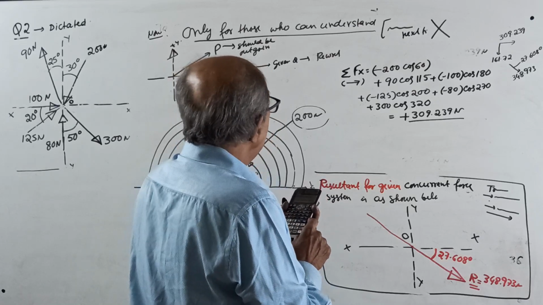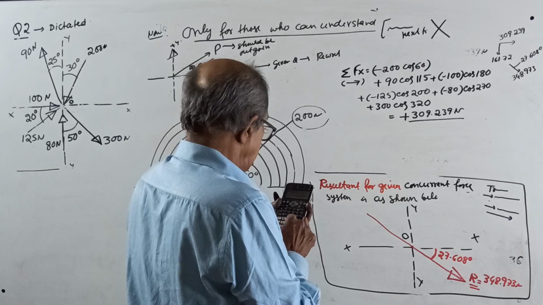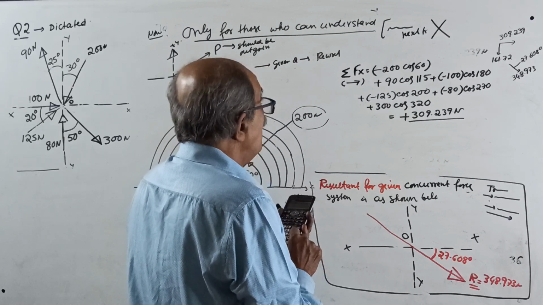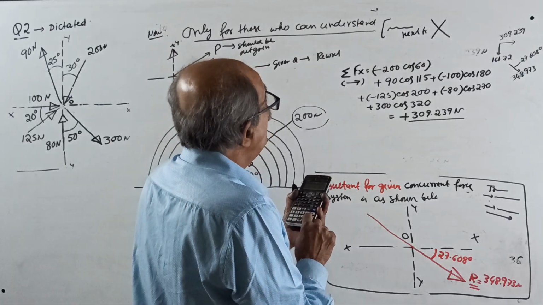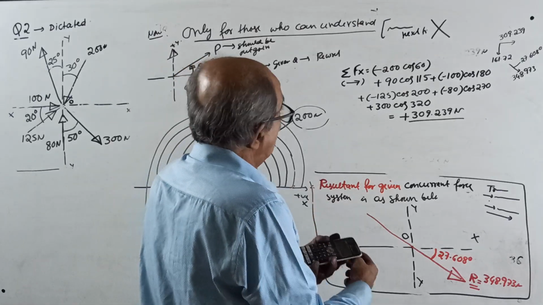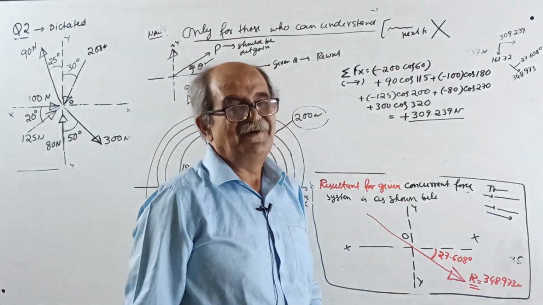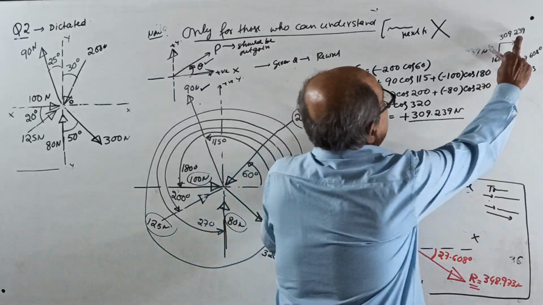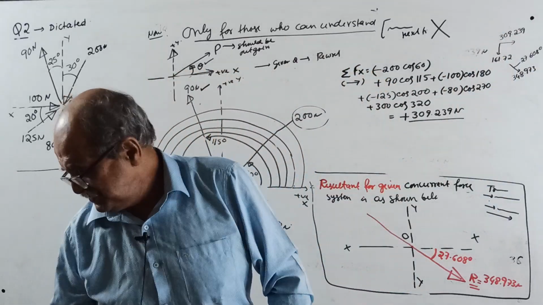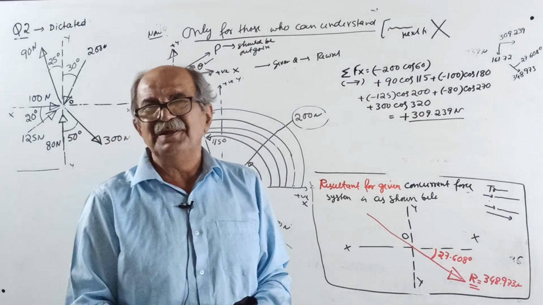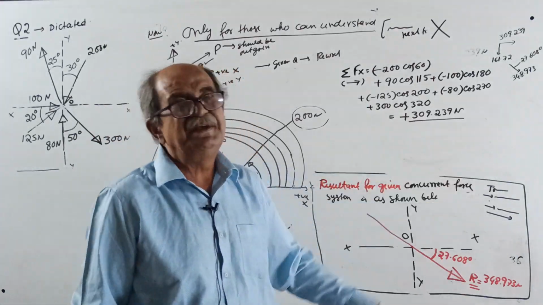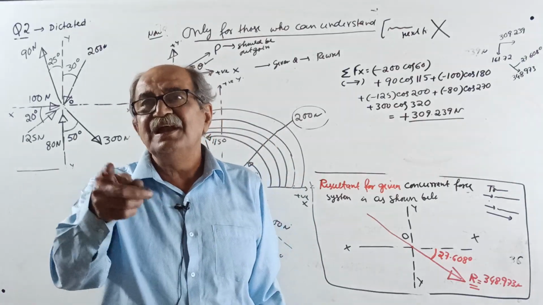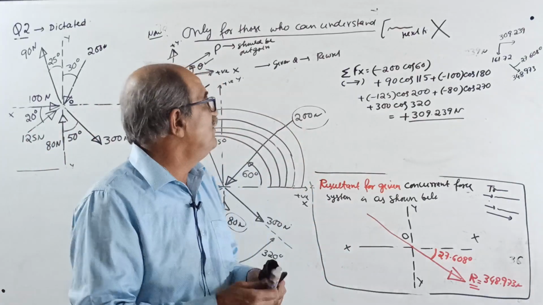I think somewhere there is a calculation mistake, plus 300 into cos 320. Coming, yes, 309.2392, perfectly correct. You remember, this calculation mistake is because I am also a human being, I have limitations. Technical mistakes I will not make. That is guaranteed. Okay, next.